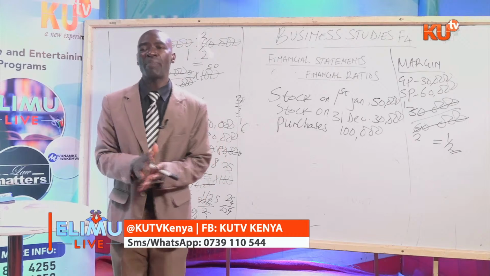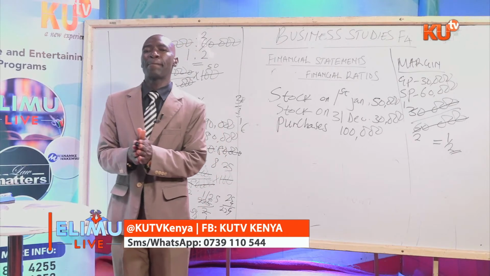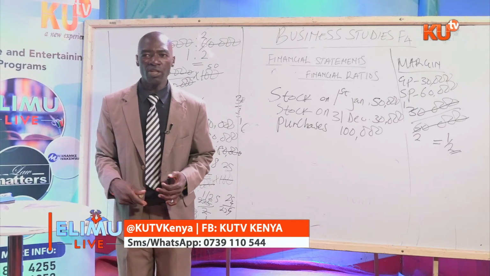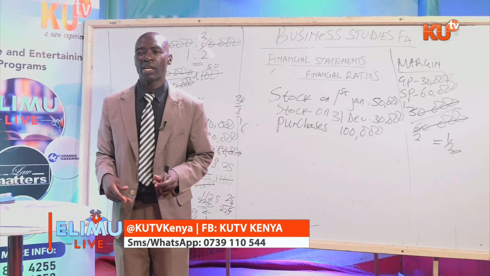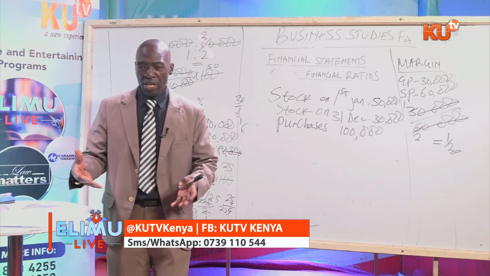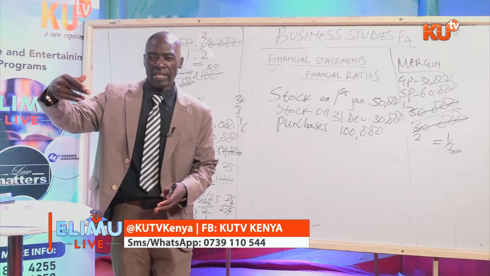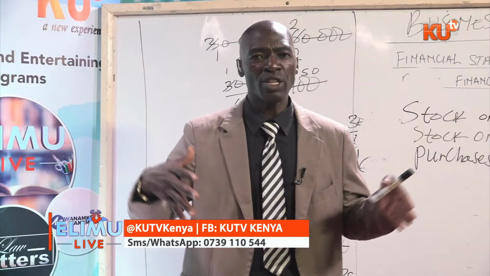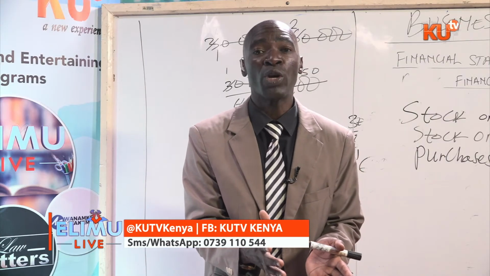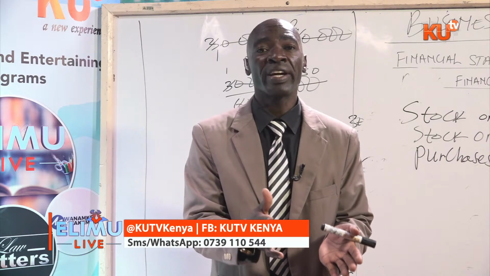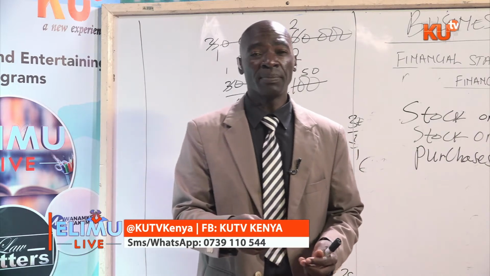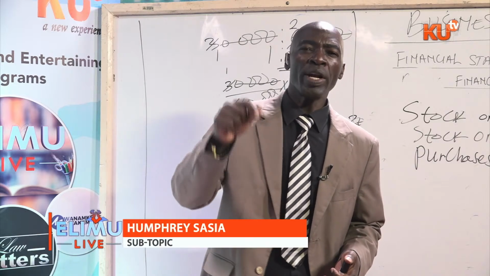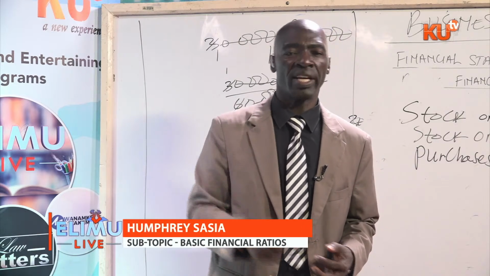Stock at the beginning: you wake up in the morning, you are a greengrocer. The stock that you closed with yesterday evening, that's the one that you come to find in the store early in the morning when you open. Then you realize that this stock will not push you till evening.